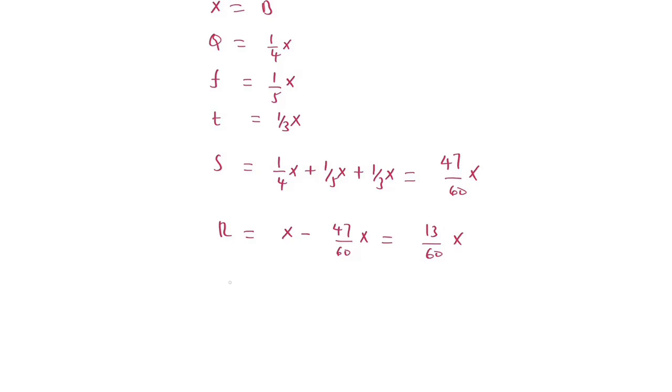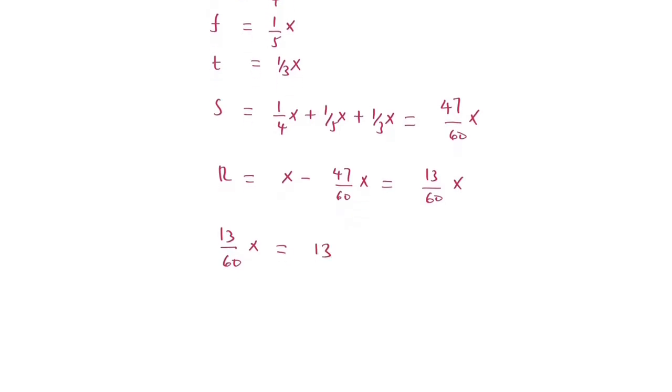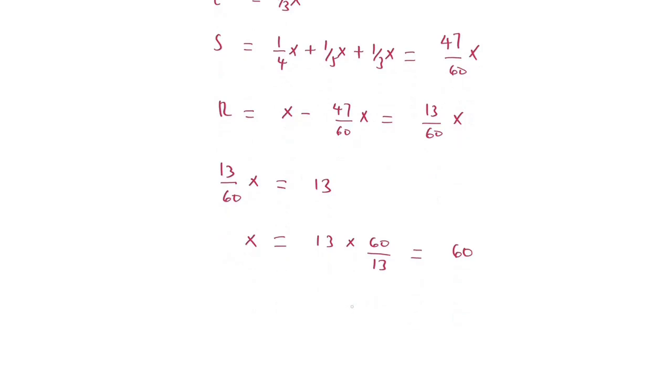Our equation is going to be 13 over 60 x equals 13. Okay, so now let us solve for x. We are going to have x equals 13 times 60 over 13, of which after solving the values we are going to have x equals 60. Therefore, he died when he was 60 years old.